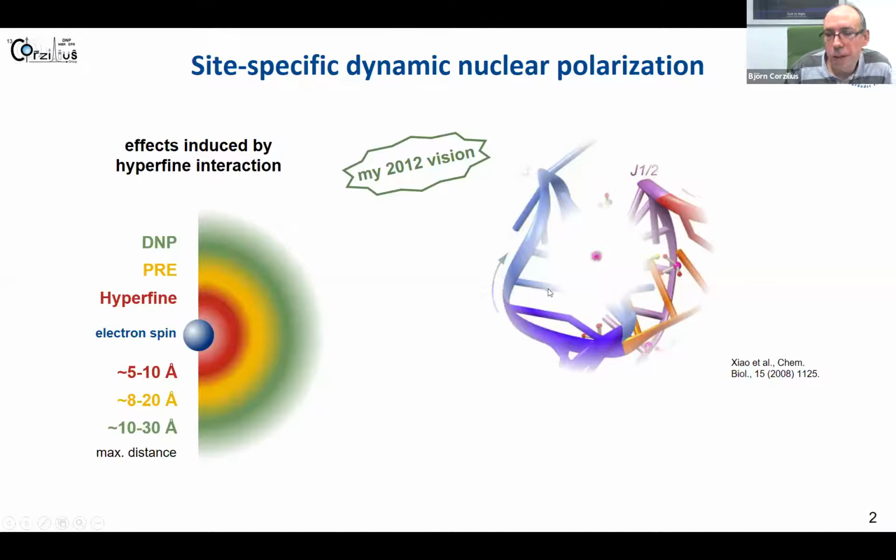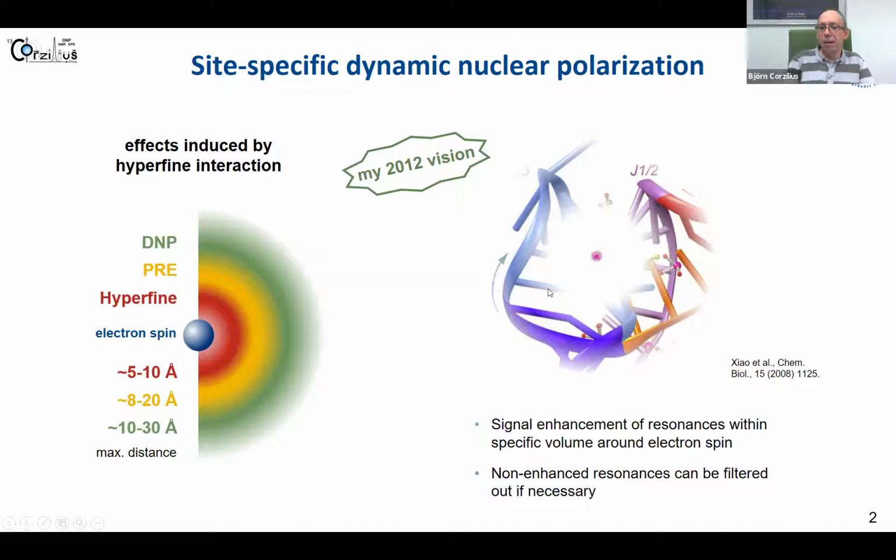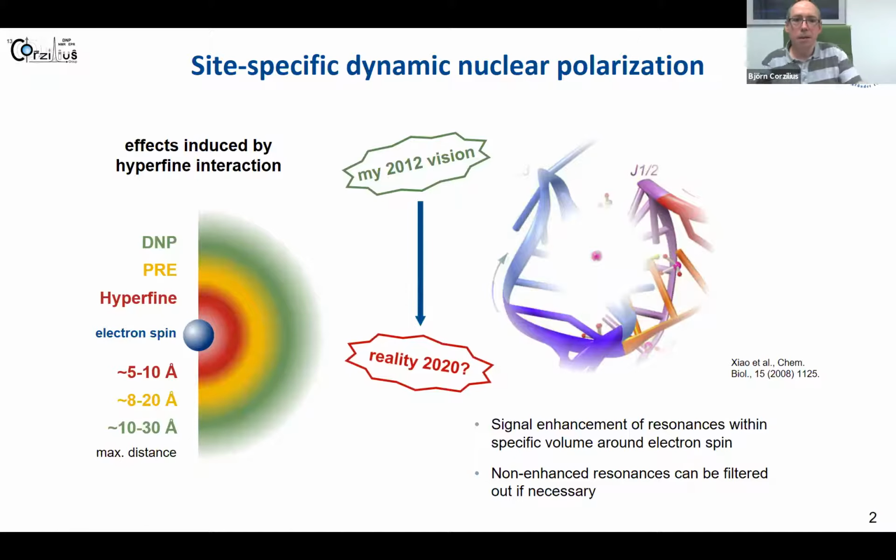This could, on the one hand, allow us to deduce distance information, but also to simplify, for example, overcrowded spectra. So this was the vision from 2012, and what has become reality in 2020.